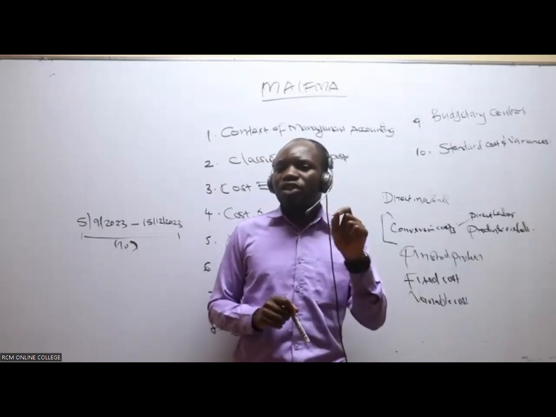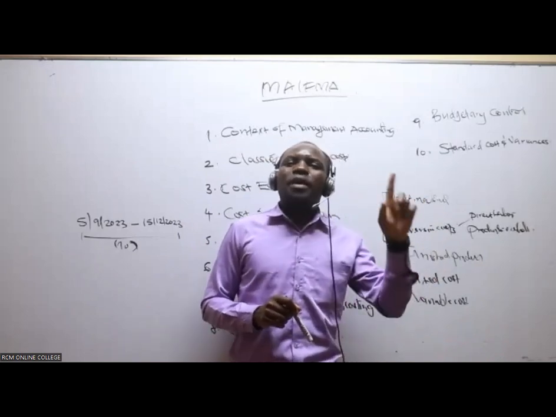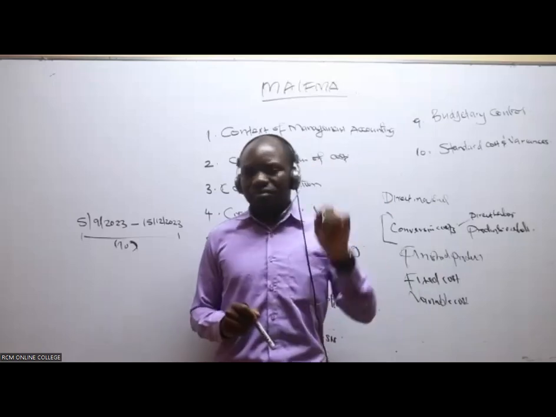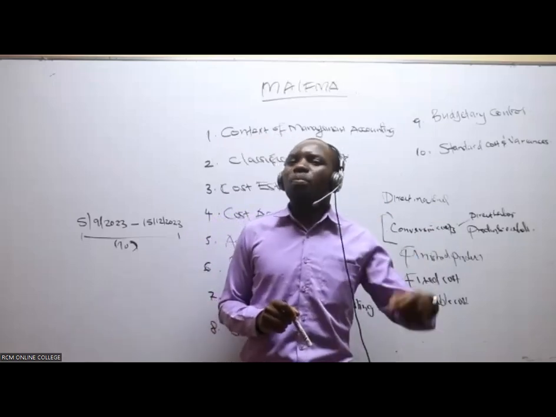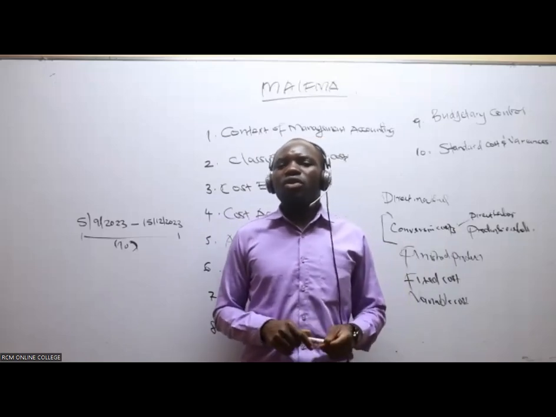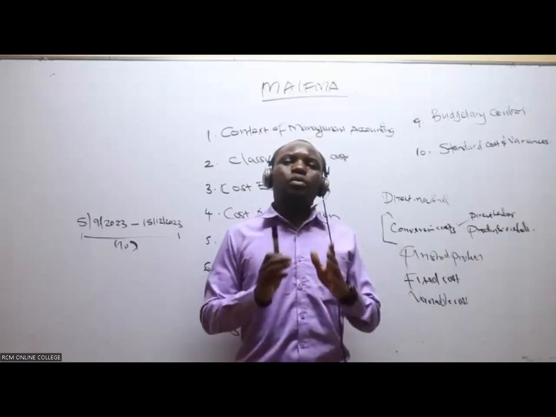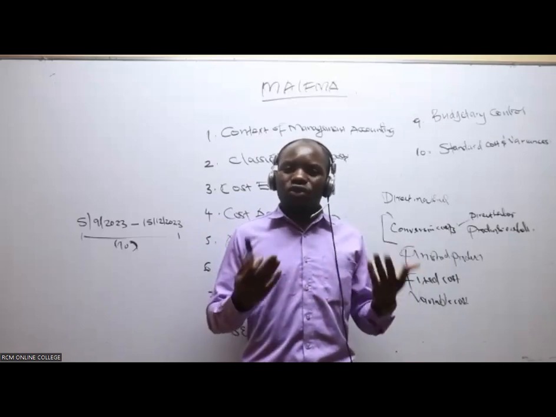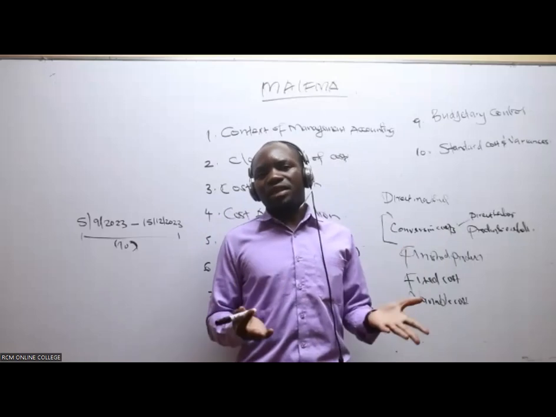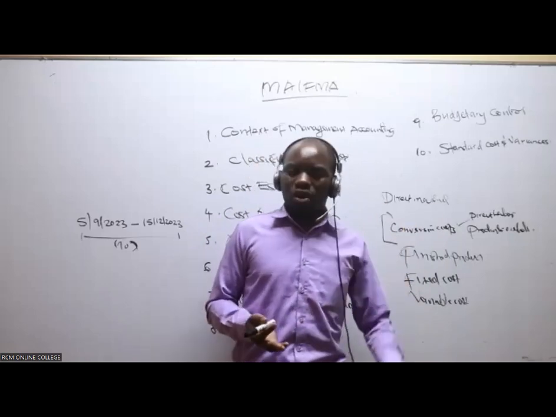When you do that, you'll be able to get the purchases budget, the quantity of raw material that they need to purchase. And then that is what you transfer to the procurement department so that they can source for the raw materials for the company.